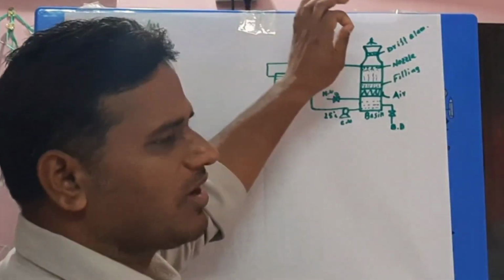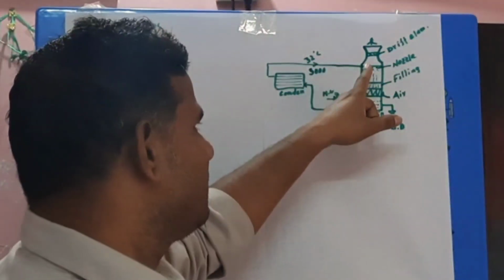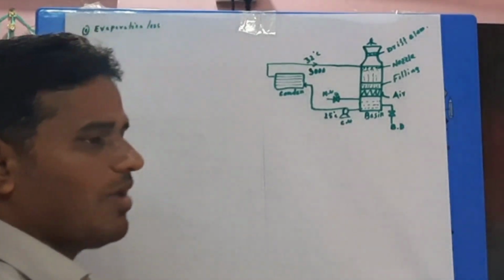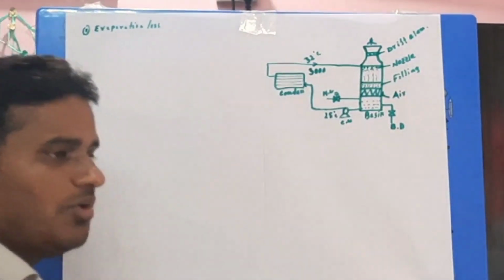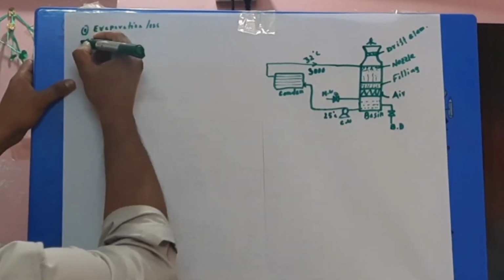About 0.1 to 0.3% of water will pass if a drift eliminator is provided. If a drift eliminator is not provided, 0.3 to 1% of water may pass. So the second loss is drift loss.